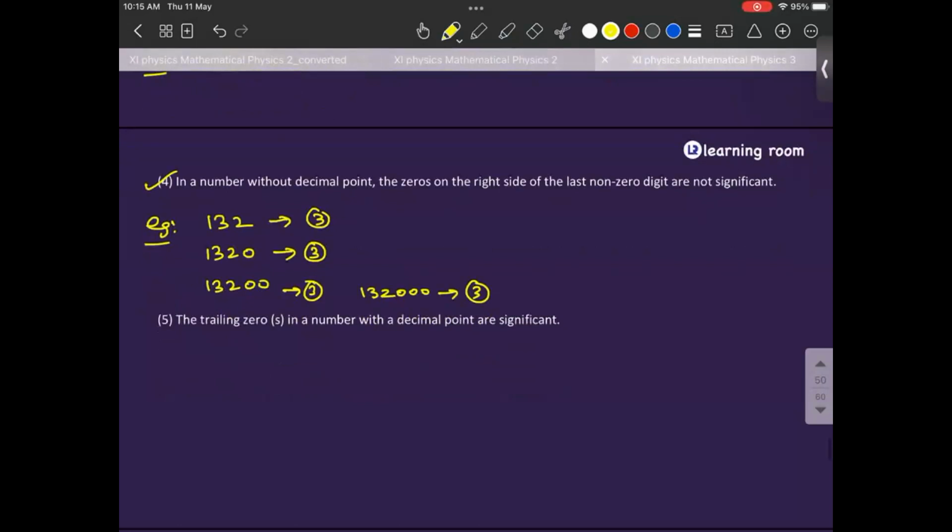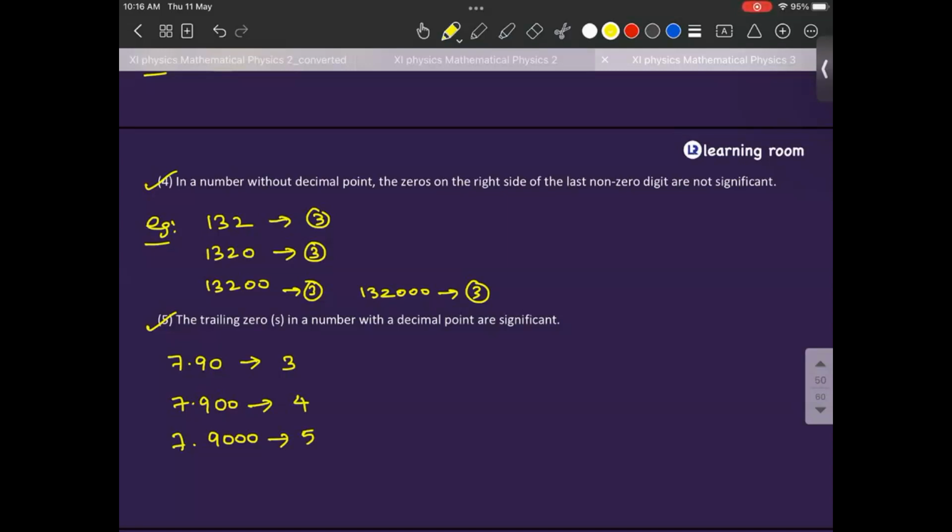So the last point is that trailing zeros in a number with a decimal point are significant. If I have 7.90, 7.900, and 7.9000, what are the numbers of significant figures? 3, 4, and 5.